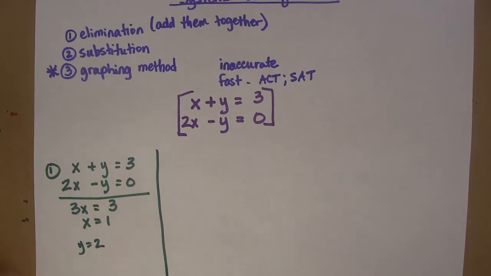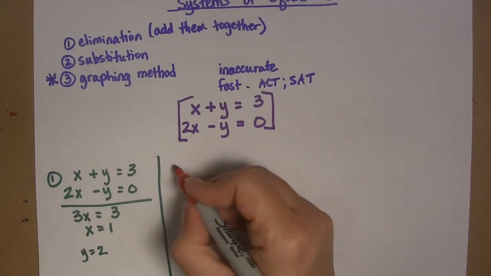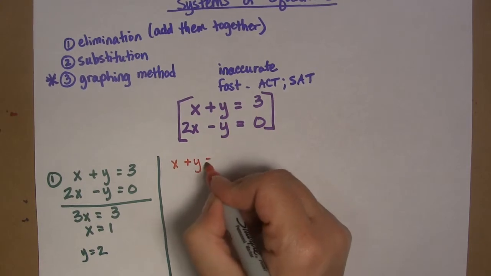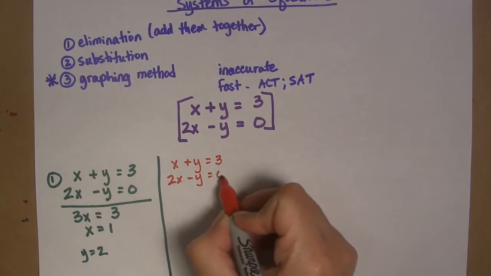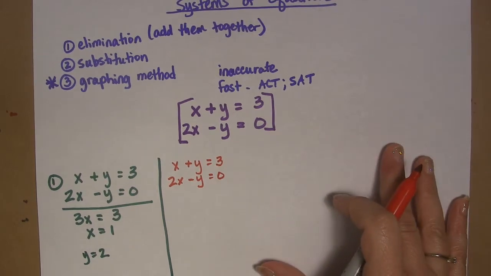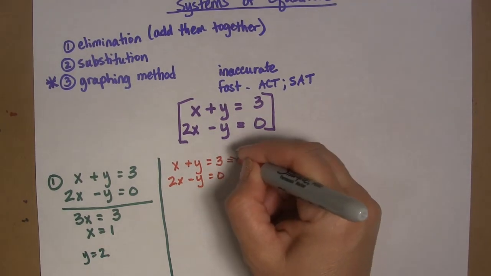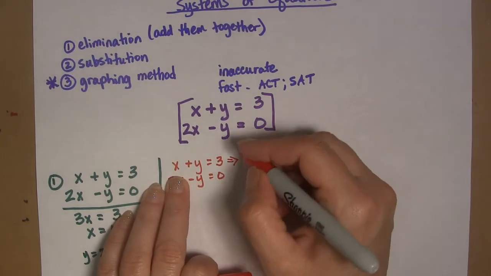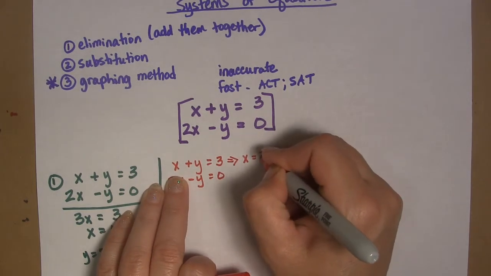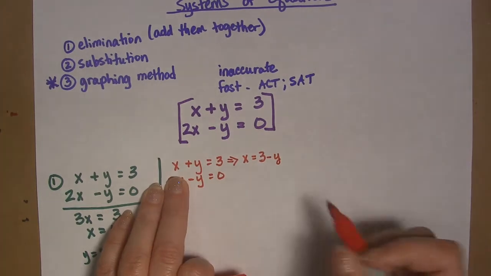Let's look at the second way we could solve this. If we had X plus Y equals 3, and 2X minus Y equals 0, one thing we could do is switch around this X and Y so that X equals 3 minus Y. Does that make sense?